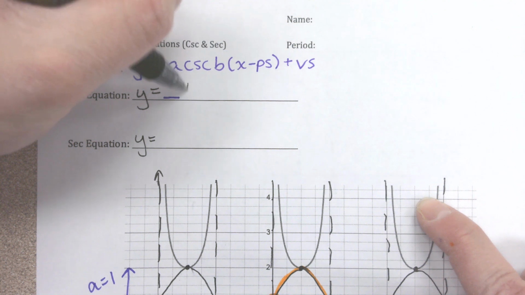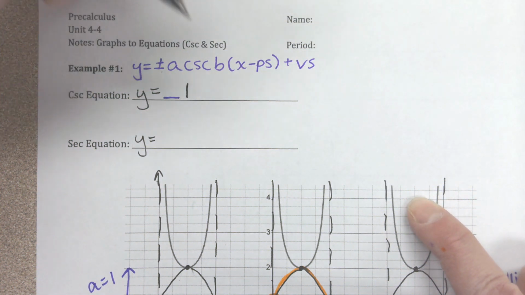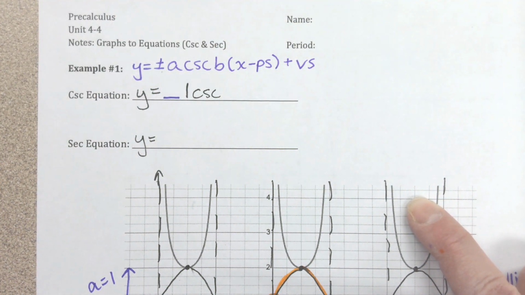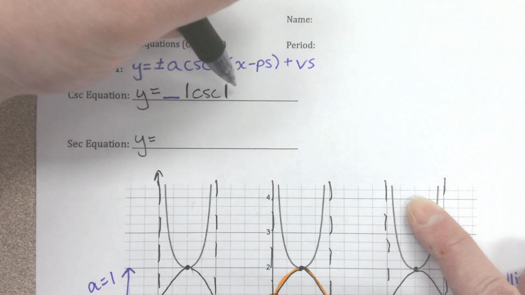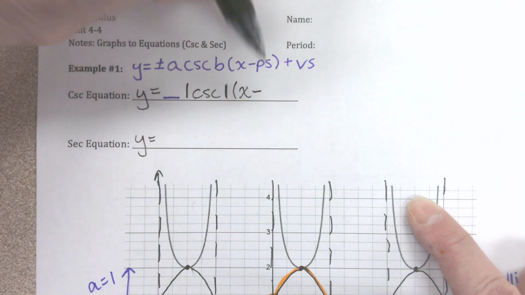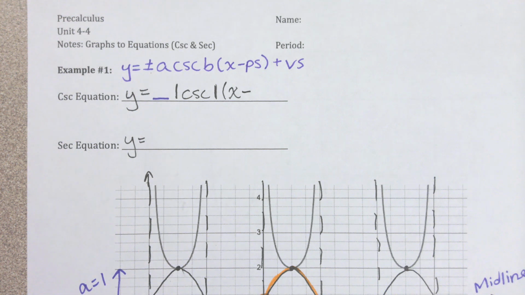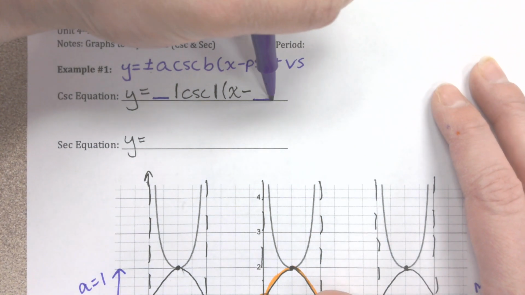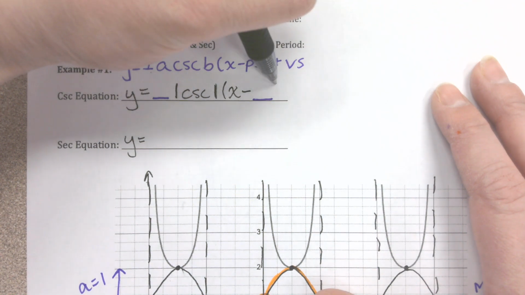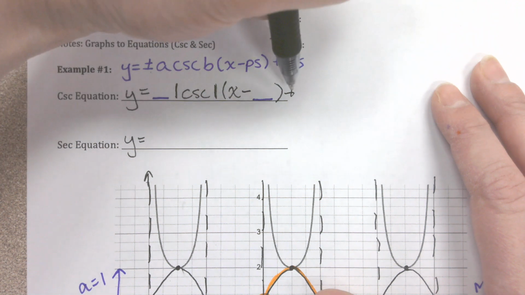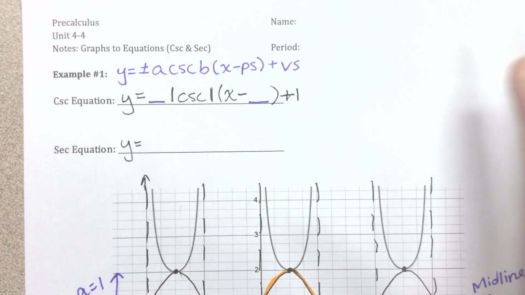Now a is just 1. Cosecant. B is also 1. We found that. X minus phase shift will be determined momentarily, so I'm going to leave that blank. Plus my vertical shift is 1. We found all that information.